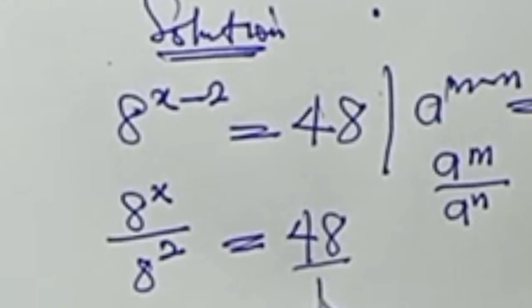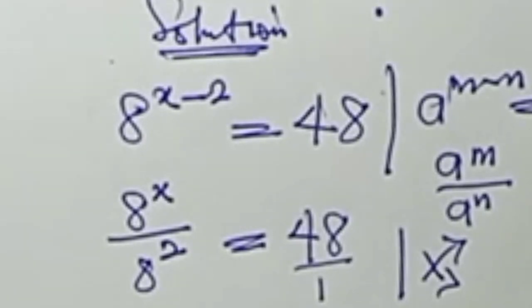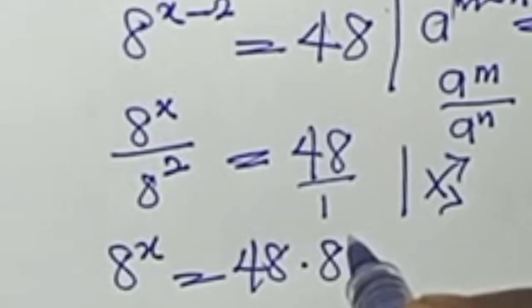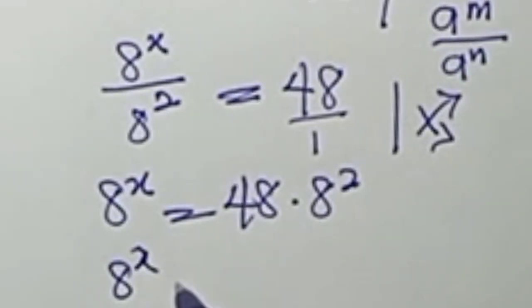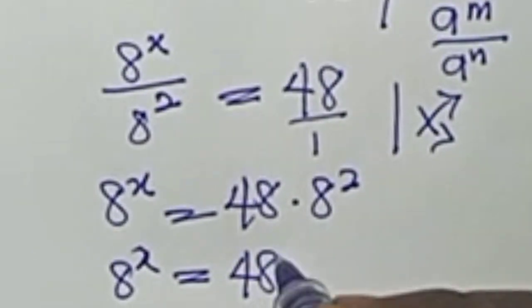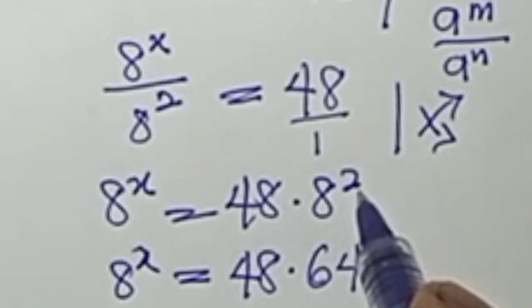Here, we can write this over 1 so that when we cross multiply, the next line becomes 8 to the power of x equals 48 times 8 to the power of 2. 8 to the power of 2 is 64.